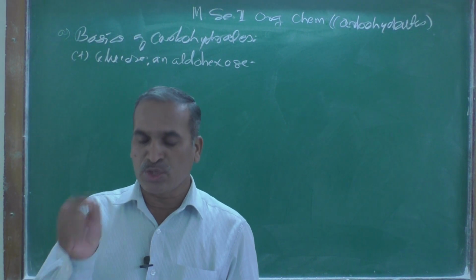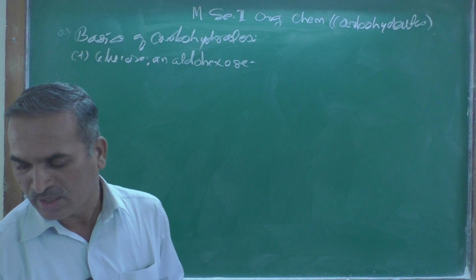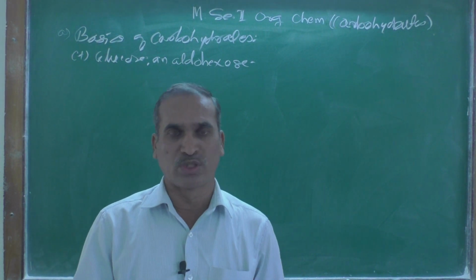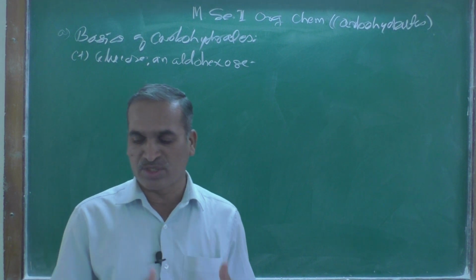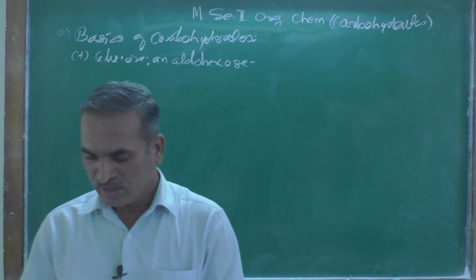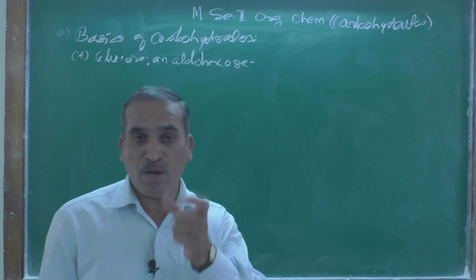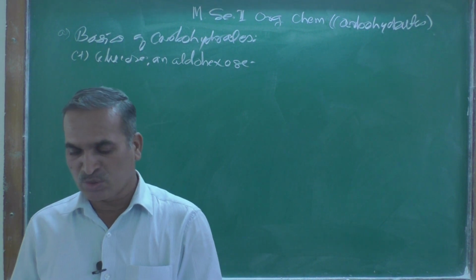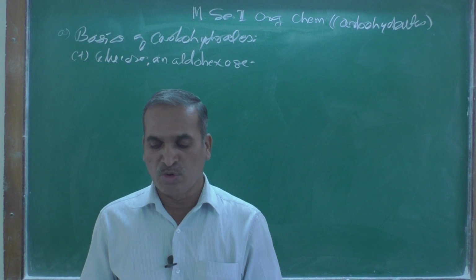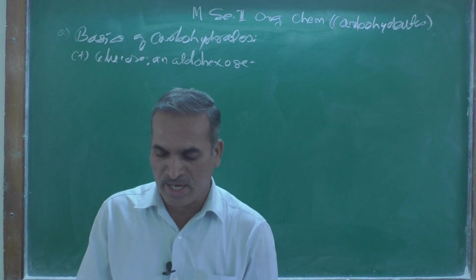because it is the unit from which starch, cellulose and glycogen are made up, and because of its special role in biological processes, plus glucose is by far the most abundant monosaccharide.